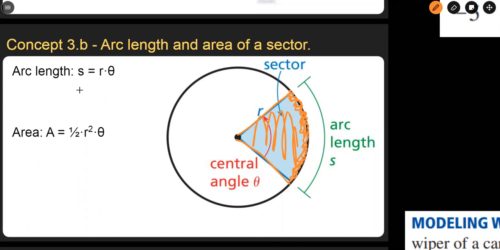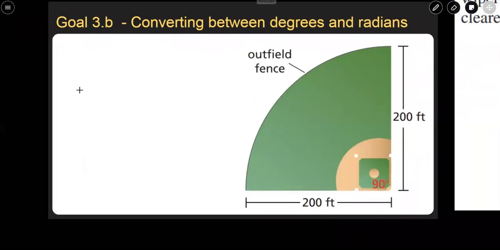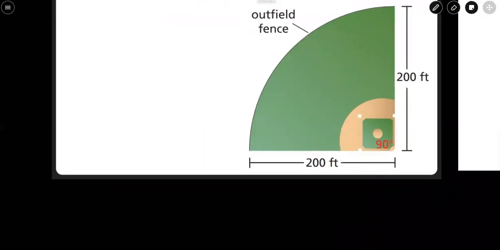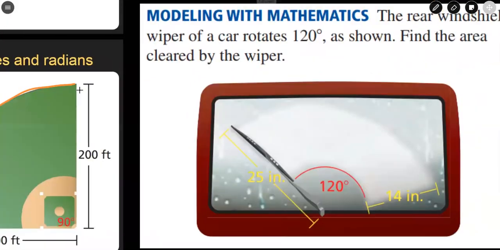You're figuring out how much area you have of that slice of pizza and how much the distance around the edge of that pizza is as well. So in class, we calculated the area of a baseball field and the distance along the outfield fence as well by using arc length and sector area.